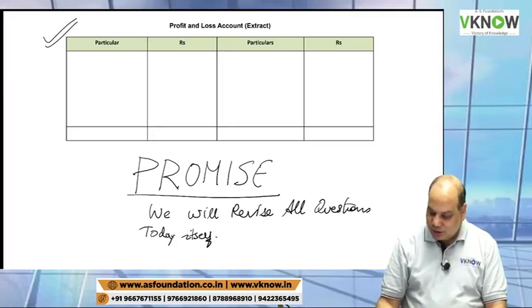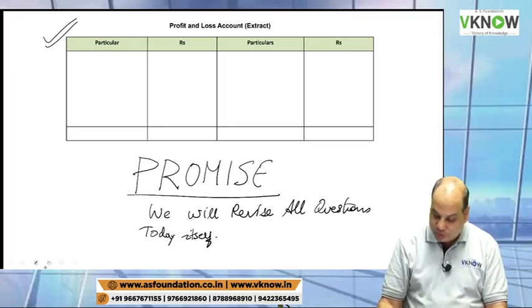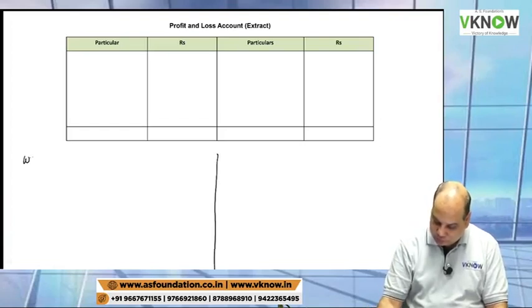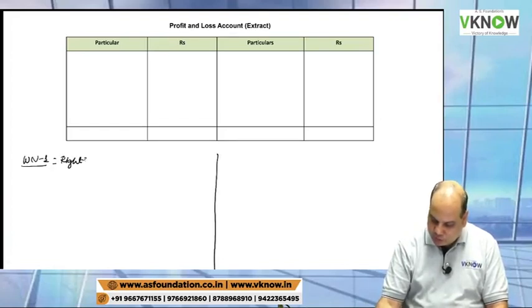Okay? After this P&L account format, we will now write down some working notes. Working note 1: entitlements.